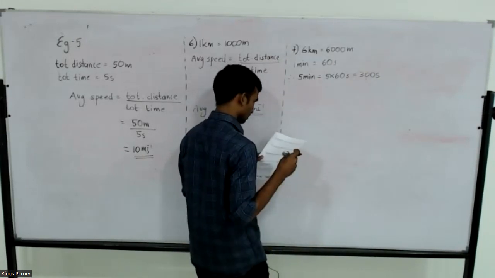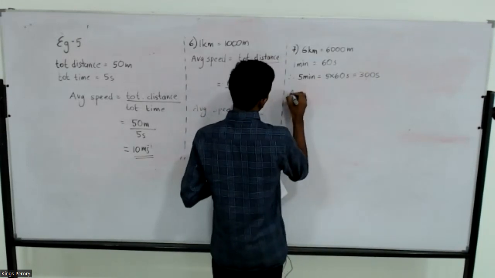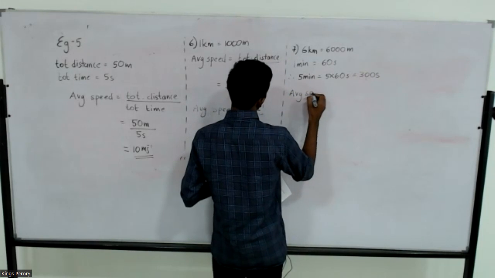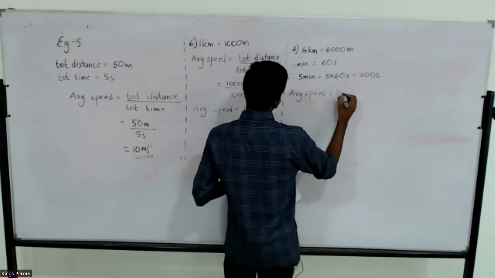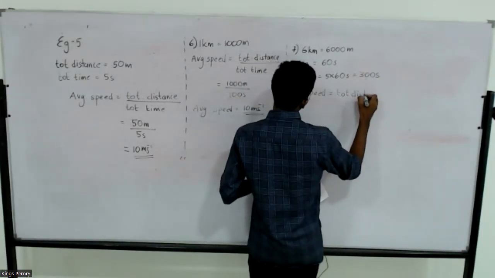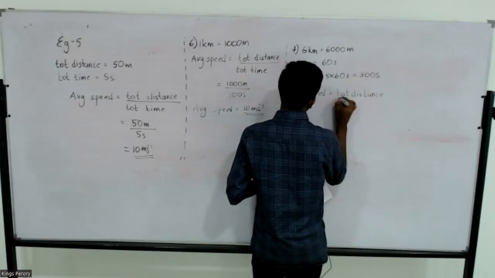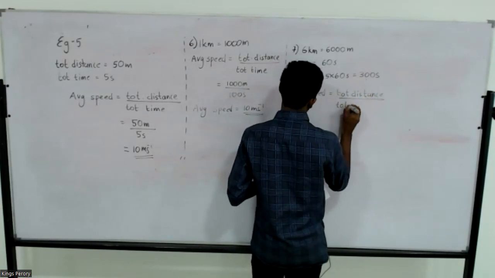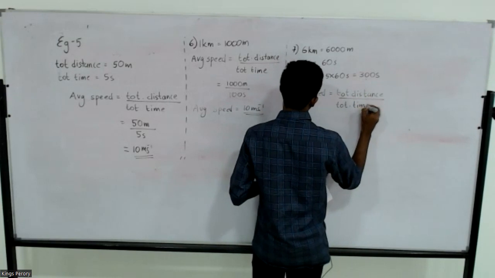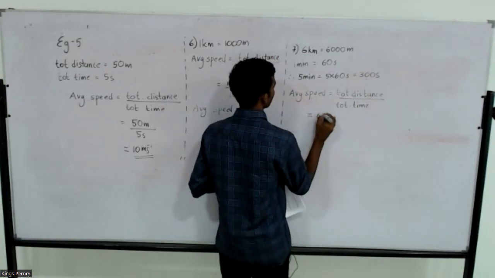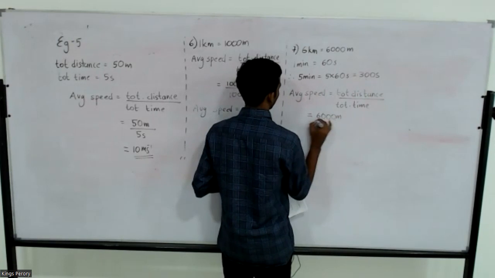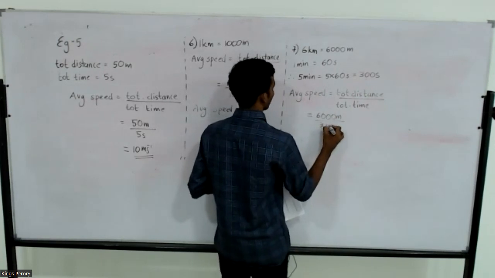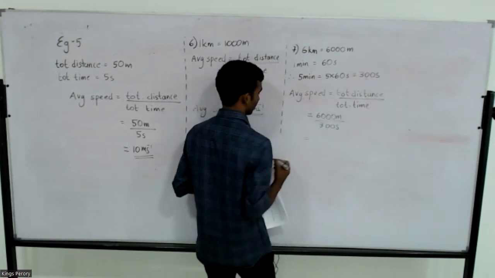You have the total time, you have the total distance. They ask you what? Average speed. Average speed, total distance over total time. What's the total distance? 6000 meters. What's the total time? 300 seconds. What's the average speed?